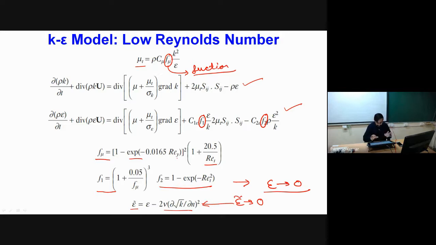Okay, so this is nothing but one additional improvement or modification of the standard K epsilon model when we are dealing with low Reynolds number, and this modification comes only to account for the wall effect, because this epsilon equation doesn't work well near the wall.